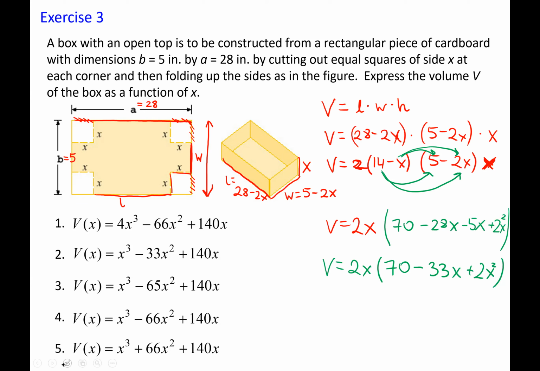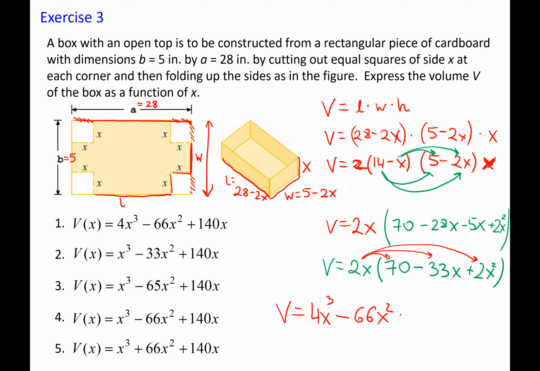Okay, and now we will distribute again. 2x times 70, 2x times negative 33x, and 2x times 2x squared. I can start from the last term because it has the highest degree. 2x times 2x squared, 4x cubed. 2x times negative 33x, negative 66x squared.